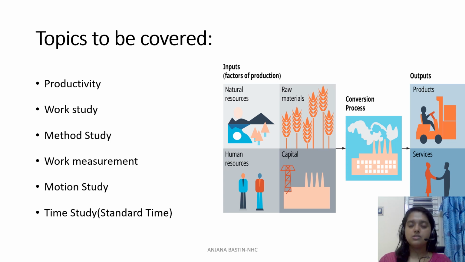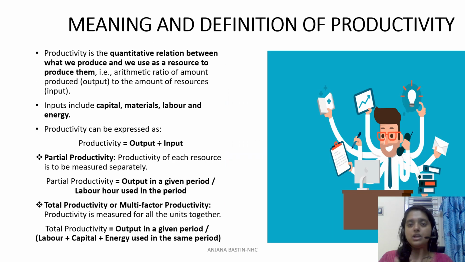All right, so let's move on. The first thing that we'll talk about is productivity. We learn what is productivity. Productivity is nothing but a relationship between what we have produced and what we have used in order to produce that.